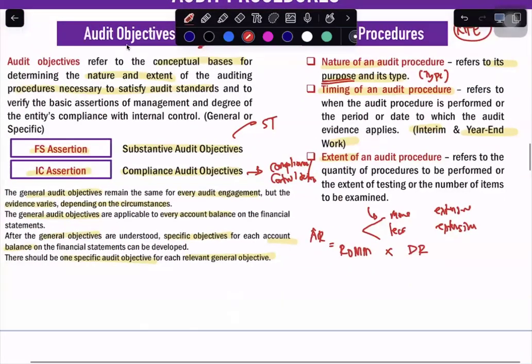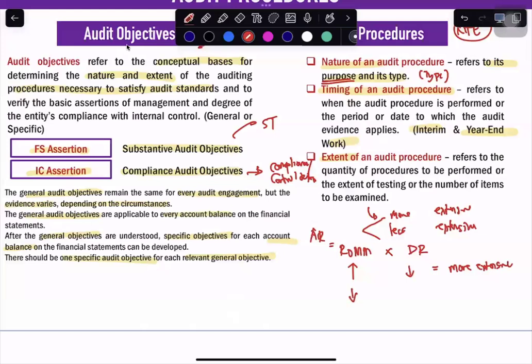We said if your risk of material misstatement is high, then your detection risk is low. If your detection risk is low, it means that you will have more extensive audit procedures. If your risk of material misstatement is low, then detection risk is high, then you have less extensive audit procedures.